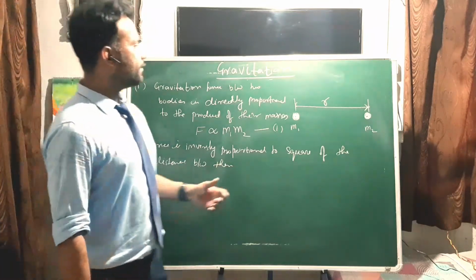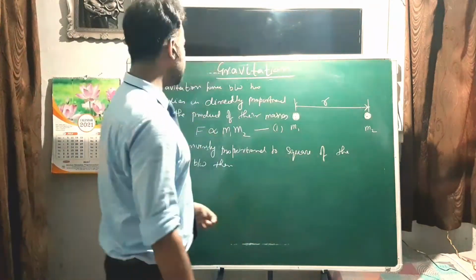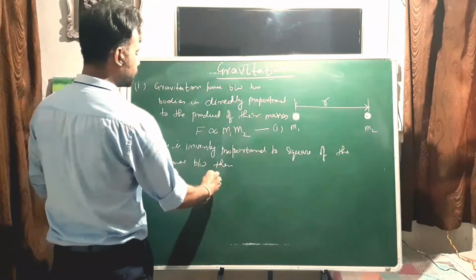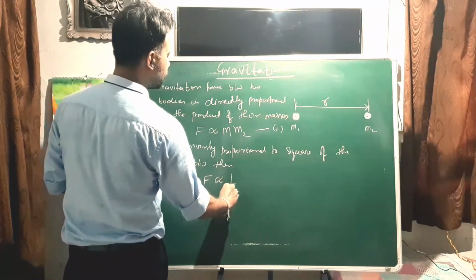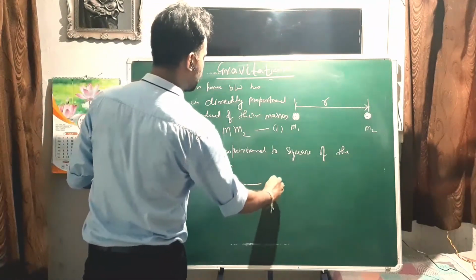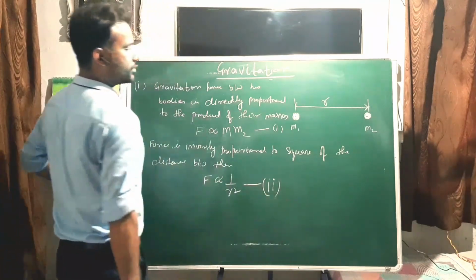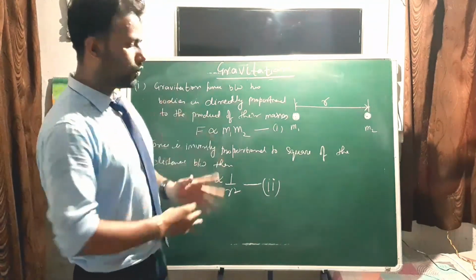So here you can see the distance is r between these two bodies. So the force will be inversely proportional to r square. So he gave his law in 2 parts.